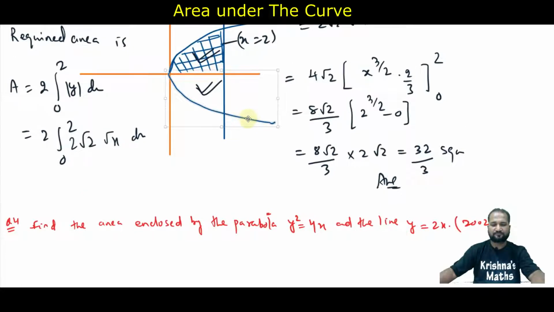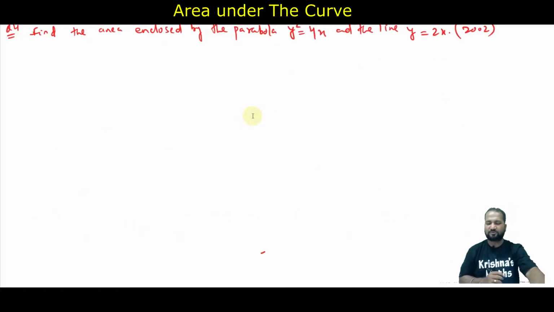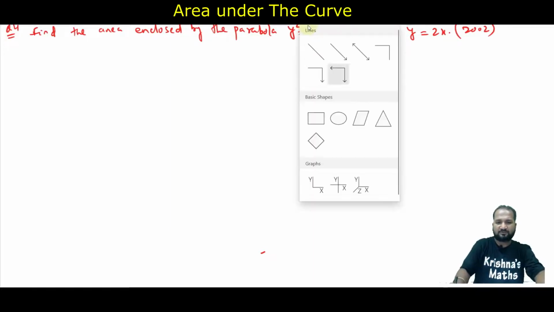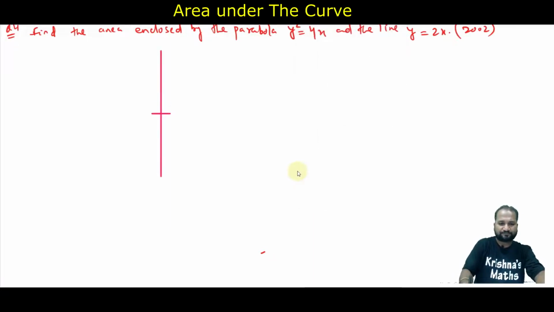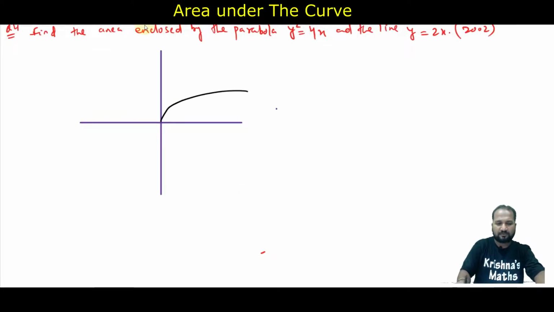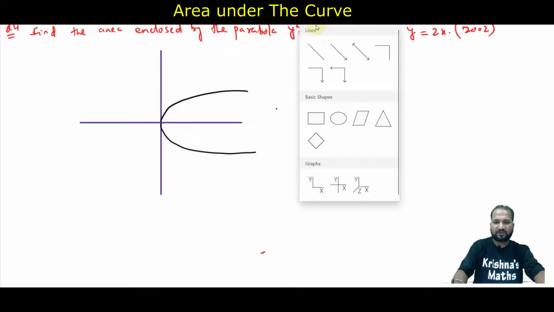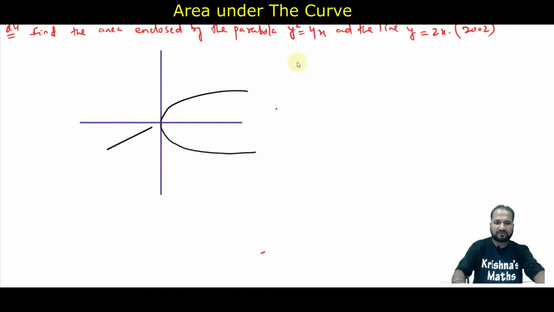Find the area enclosed by the parabola y square equal to 4x and the line y equal to 2x. Draw the diagram first: y square equal to 4x is a parabola facing right. y equal to 2x is of the form y equal to mx, so the line will pass through the origin and cut the parabola also. So like this the line will be.